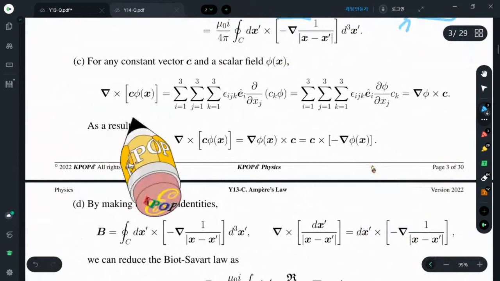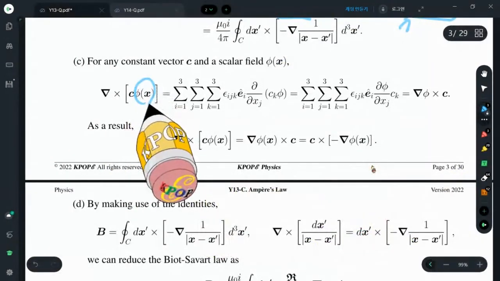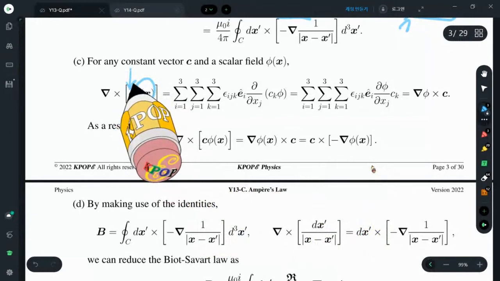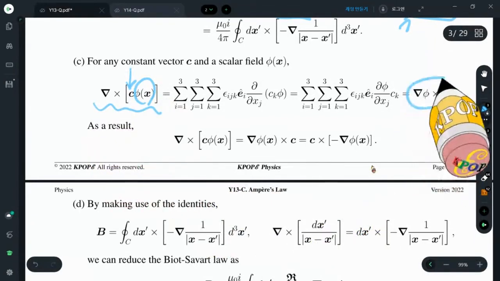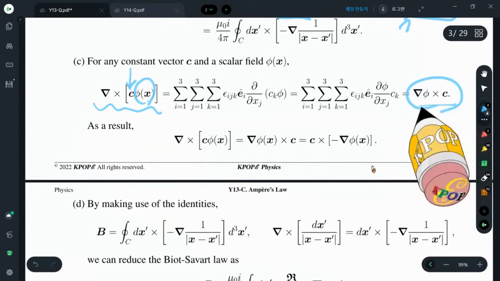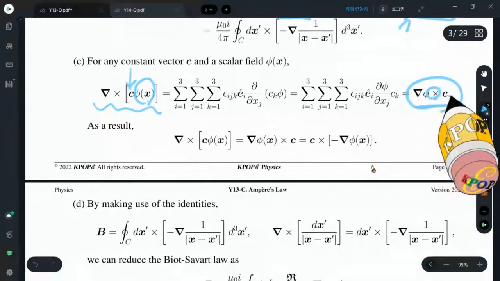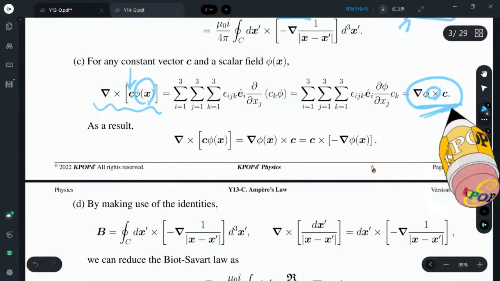And just to remember the final result, if there is a scalar field and a constant vector, the curl of their product is nothing but the gradient of this scalar field cross product with this constant vector. Memorize this result.